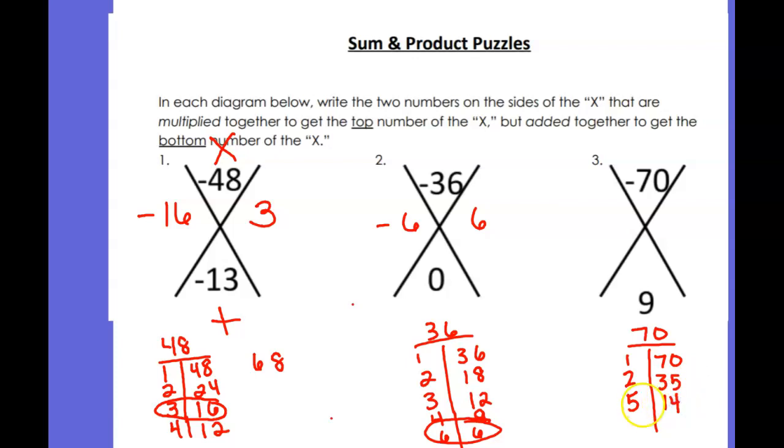We've got 6, nope, but we have 7 and 10. With those, any sums or differences that add up to 9? Well, 5 and 14, the difference is 9, and since one is negative, that might make sense. In order for it to multiply to get negative 70 and add up to 9, the 5 would be the one that is negative.